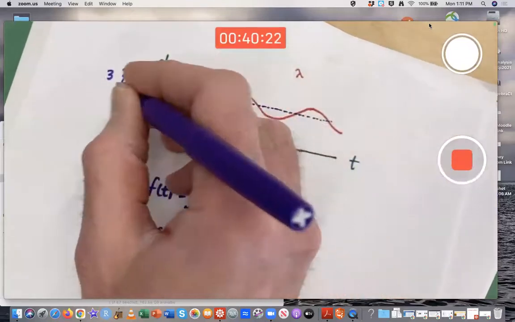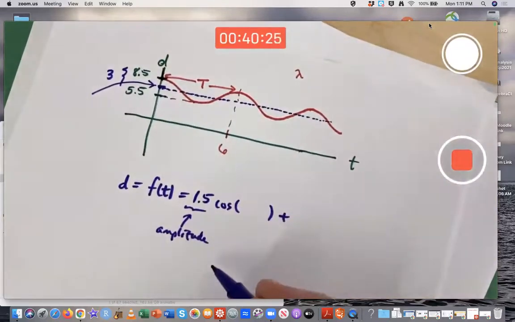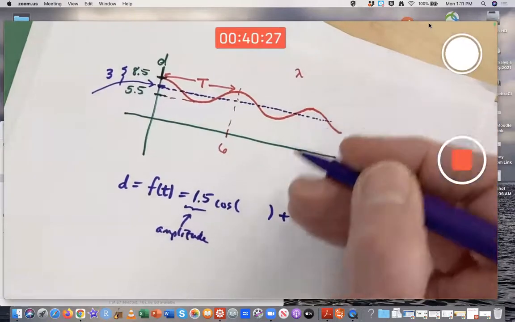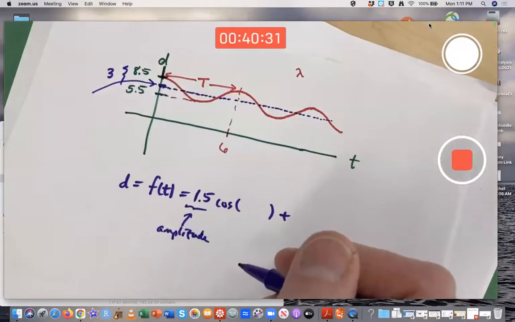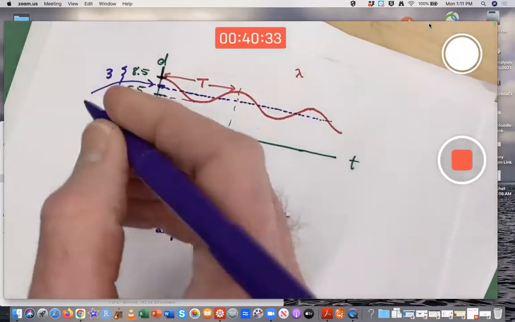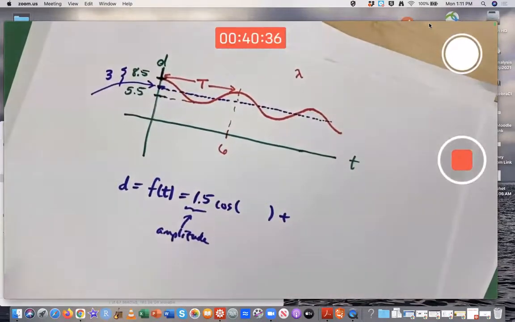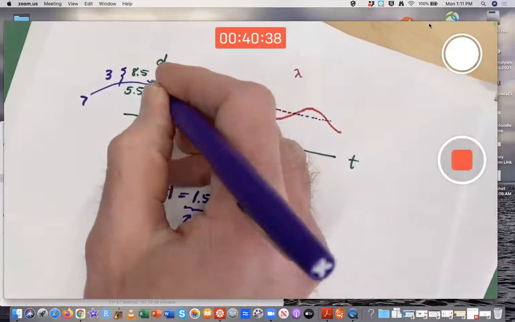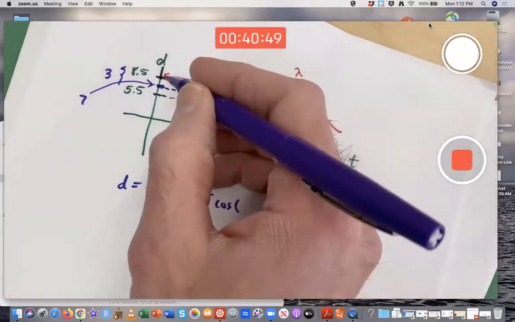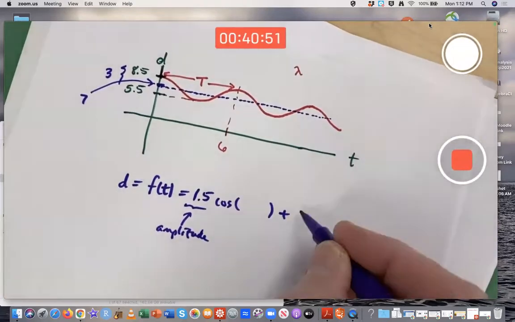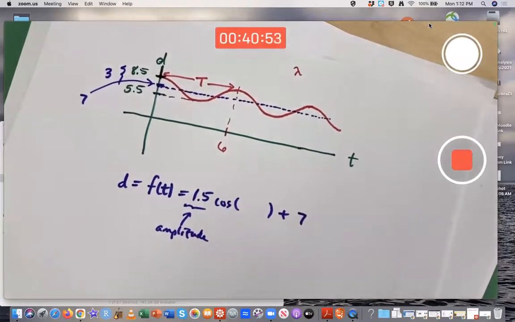You've got to figure out how much it's been shifted upwards, by figuring out what's the average of 8.5 and 5.5. And what is it? Not 6.5, 7. Right? 8.5 plus 5.5 is 14, divided by 2 is 7. 7 is 1.5 units away from 8.5 and also from 5.5. So that's what gets added out there, the 7.